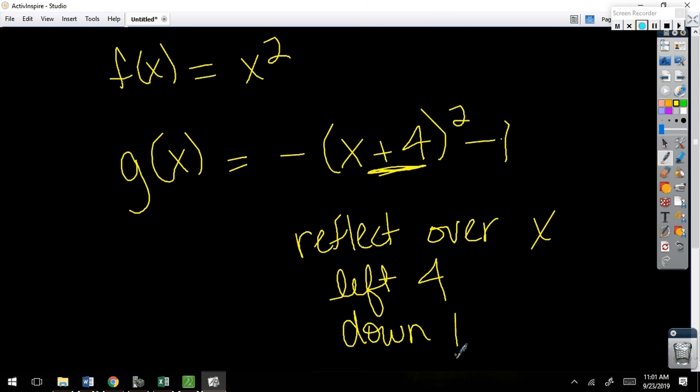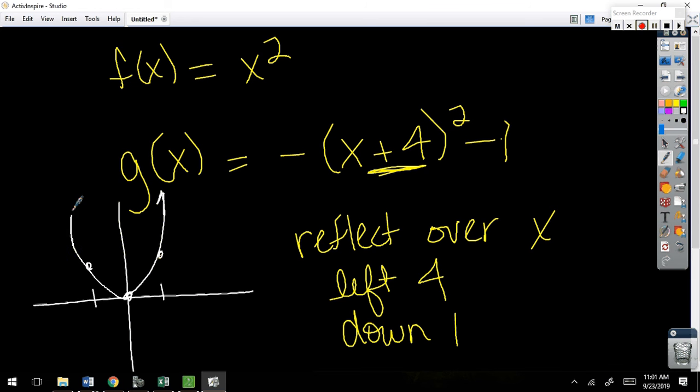Graph that. Not really exact. All right, look. 0, 0, 1, 1, and negative 1, 1. The negative out front. 1 is your average parent.